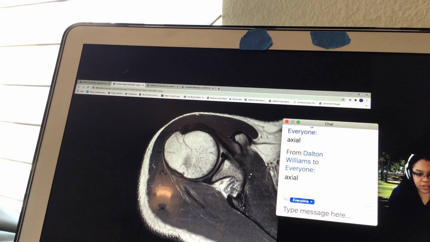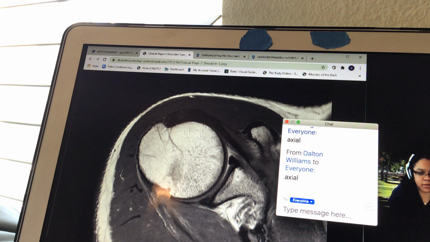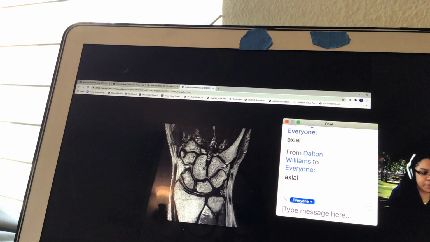Again, shoulder, we see humeral head and glenoid. This is a T1 MRI. But I'm more going to ask between MRI and CT for you guys. And maybe region too.